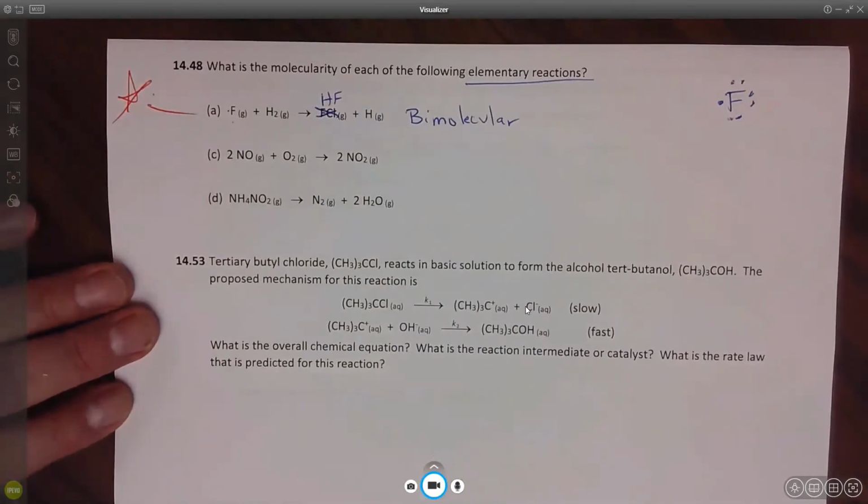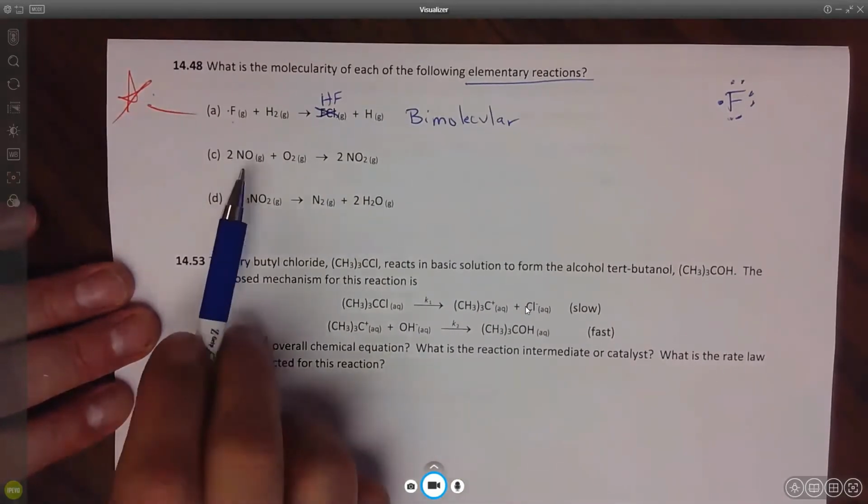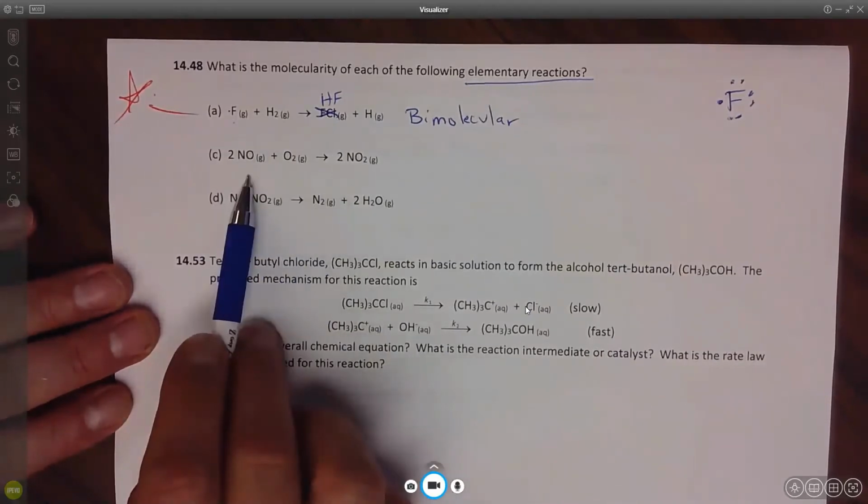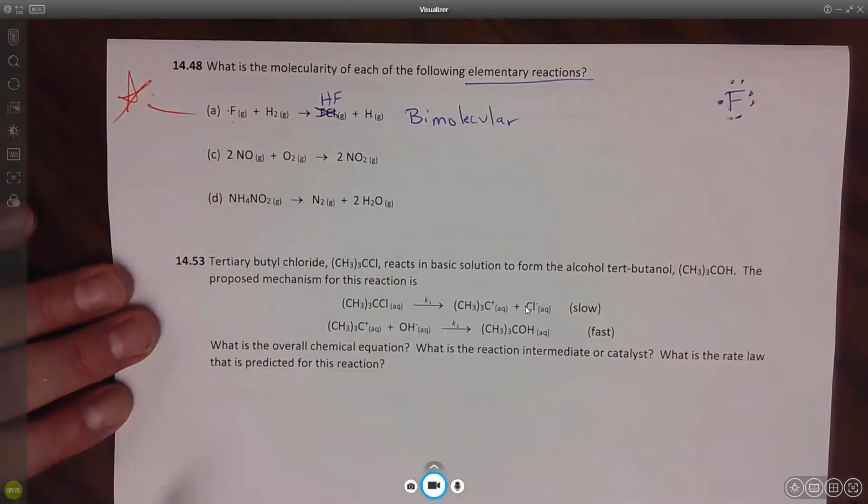Okay. Caitlin, what would be the molecularity of C, this one here? Would that also be bimolecular? Agree, Kaylee? Bimolecular?